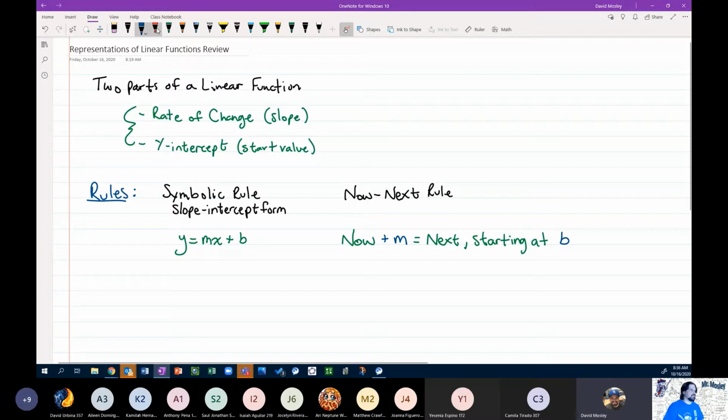So we have these common parts within both rules. Again, the m is our slope or rate of change. And b, you can think of that as the start value or the y value of the y-intercept.